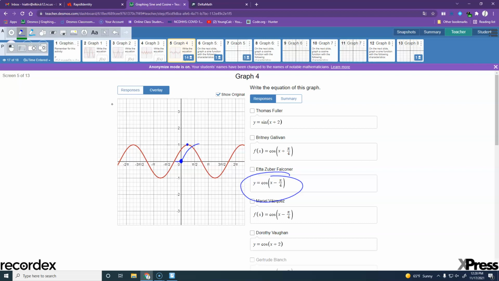So sine has been moved to the left pi over 4. So to move to the left pi over 4, we would do y equals sine of x plus pi over 4 for that one. So we wouldn't have this 2 right here. Possibly Thomas, what do we think Thomas might have been thinking there? That put a plus 2.